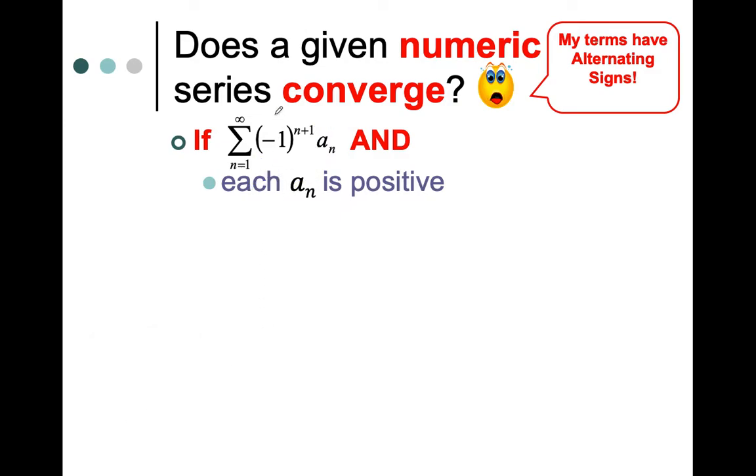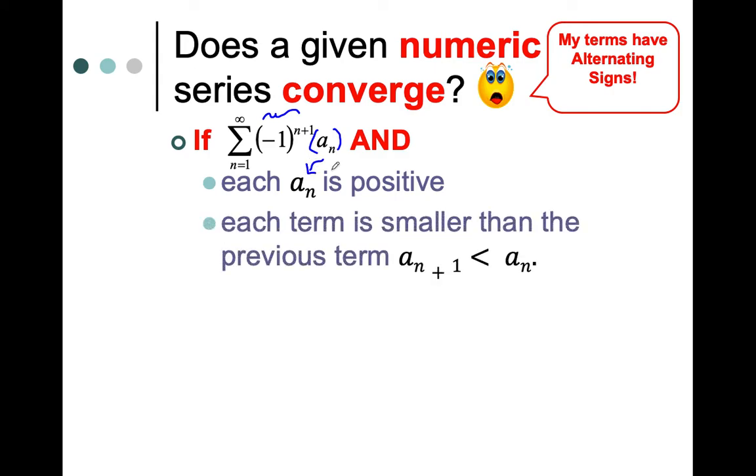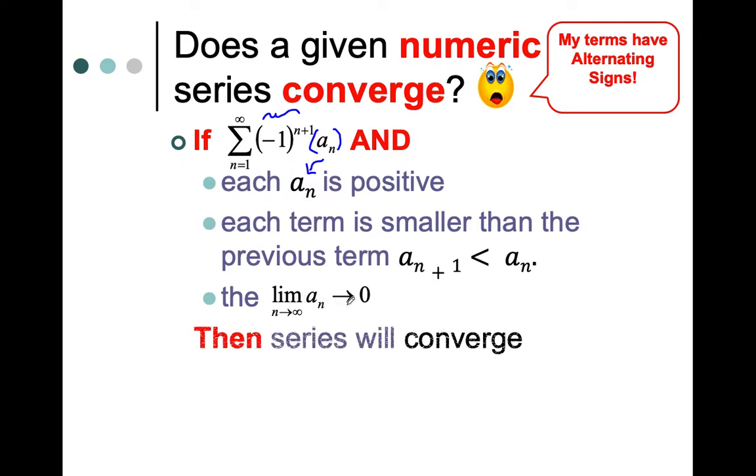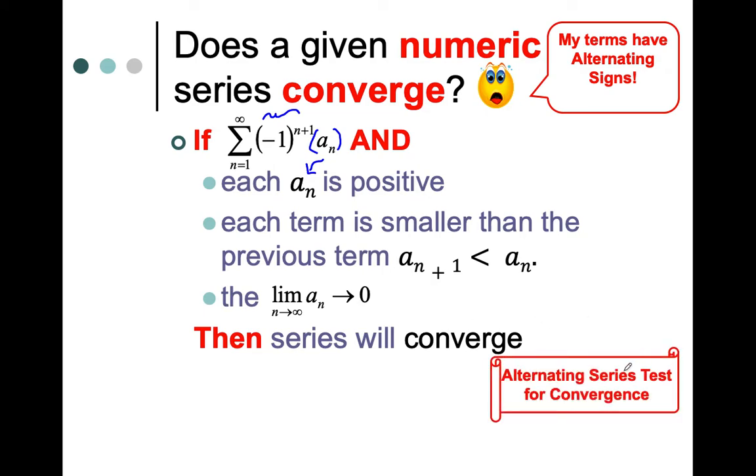If you have a sign alternator, but each of these terms on their own would be positive, further, every successive term is smaller than the one that came before it, and the limit of your terms is going to 0, then your series will converge by the alternating series test for convergence. So this is sometimes a little clunky and kids are like, wait, what?